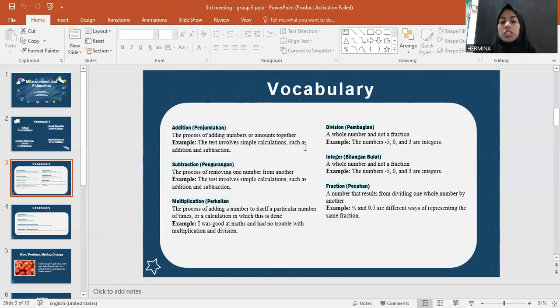The next one is division. There's a mistake here in my PowerPoint, so I'm just going to read it from my phone. Division is a simple operation in which a number is divided. It's easiest to think of it as a number of objects being divided among a certain number of people, such as the above example.